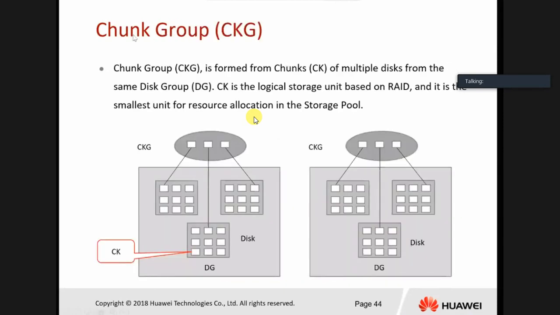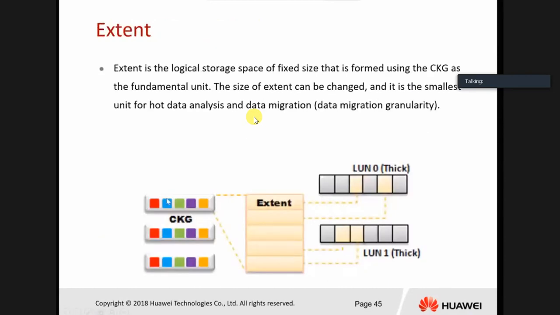So each and every one of your disks is formed from the chunks of multiple disks from the same disk domain, or we call it this group over here, this domain. So chunk is a logical storage unit based on the RAID, and it is the smallest unit for resource allocation in the storage pool. So that's basically a chunk itself. So that's how you allocate the resource to your storage pool.